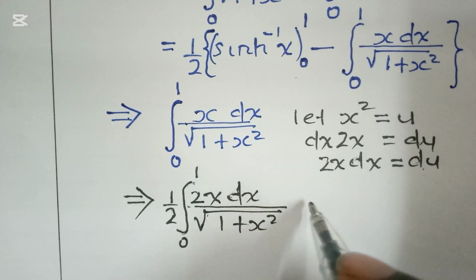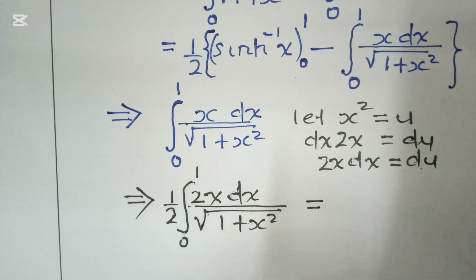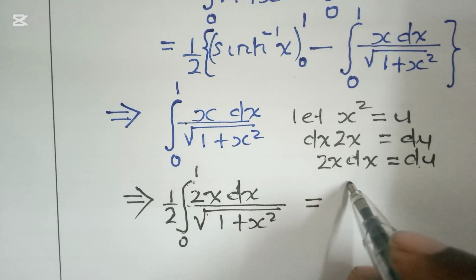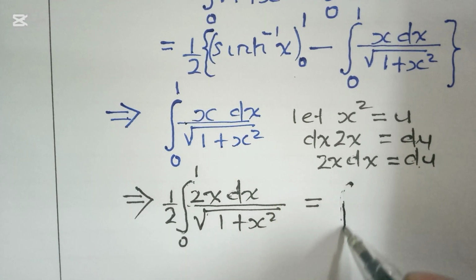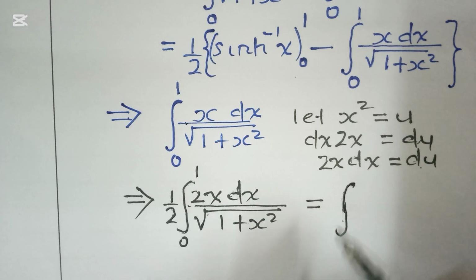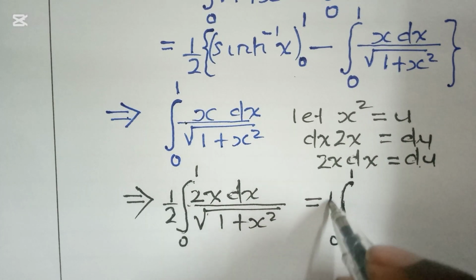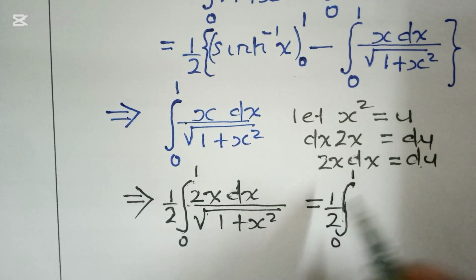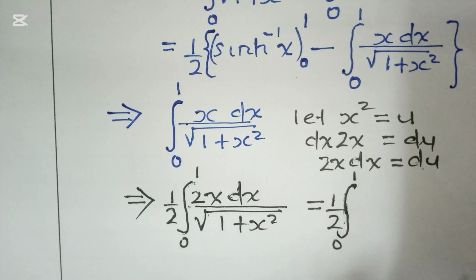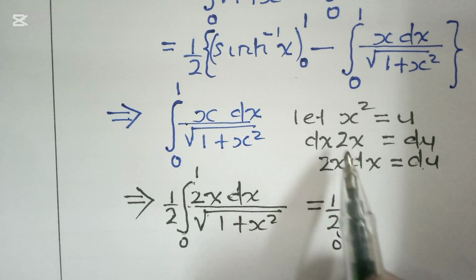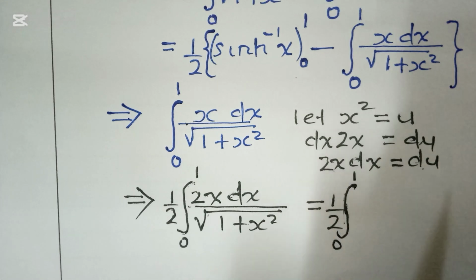And so therefore this is now going to be equal to integral from 0 to 1, we have a half here. Then guys, this is now going to be 2x dx equals to du.